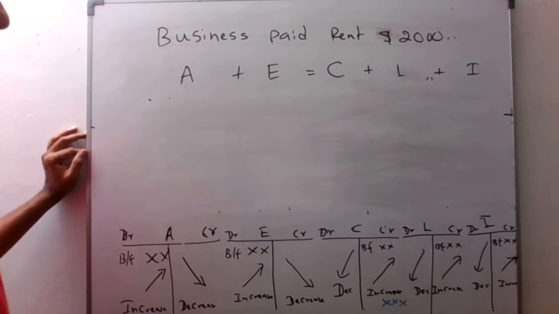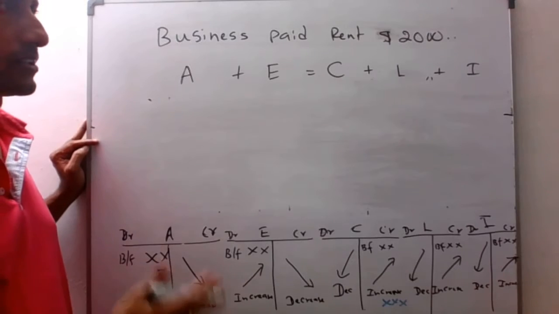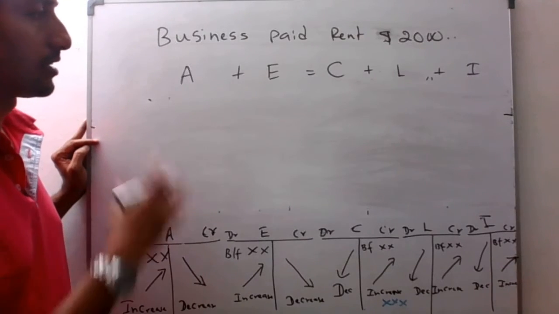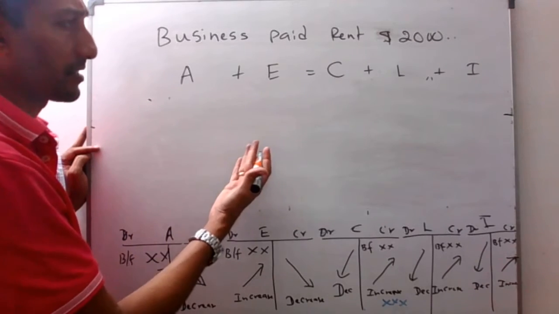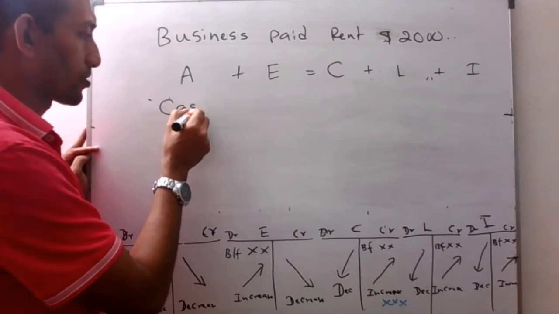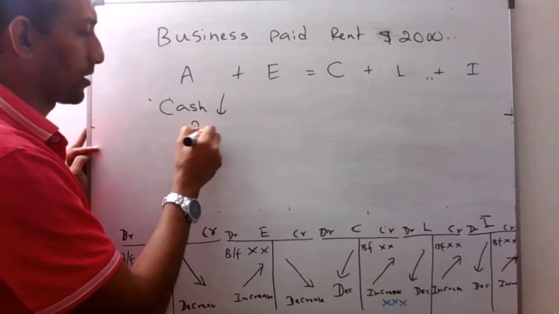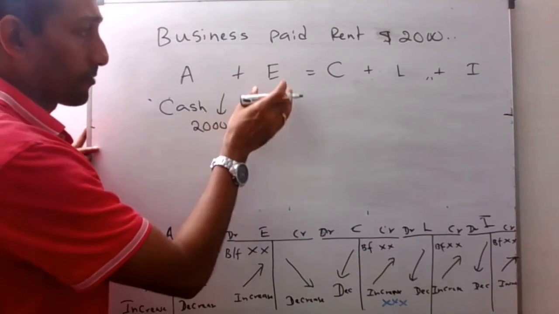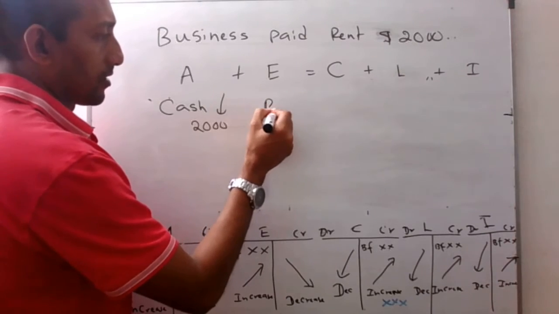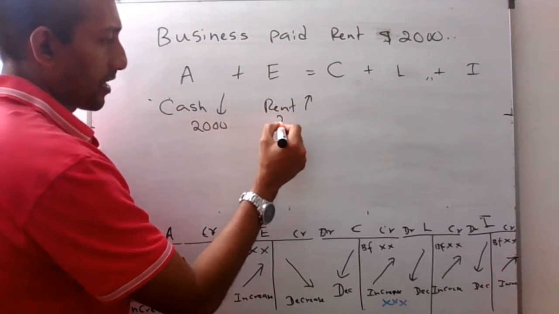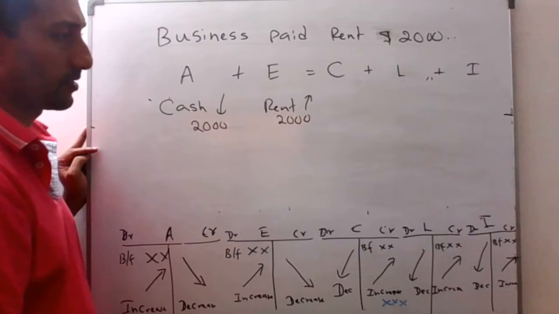Another transaction. Business paid rent $2,000. Let's first record the effect. When you pay rent, we know that the cash is going to go down by 2,000. And rent is an expense. So increase of an expense, you can see the rent is going up by 2,000.